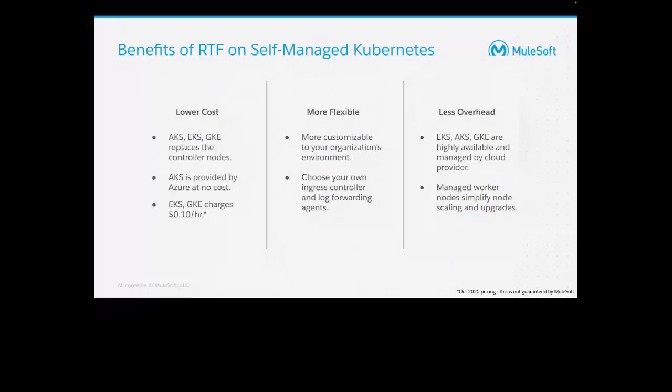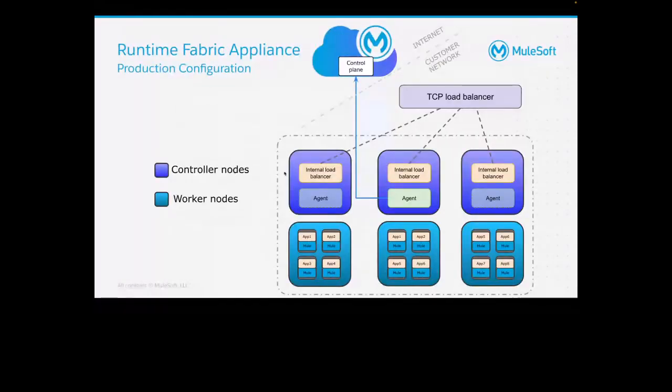So now we want to understand the benefits of self-managed Kubernetes. We're talking a lot about the difference between them. Now let's try and understand the benefits here. So basically, lower cost. EKS, AKS, or GKE completely replaces the controller nodes, which you've seen here, right?